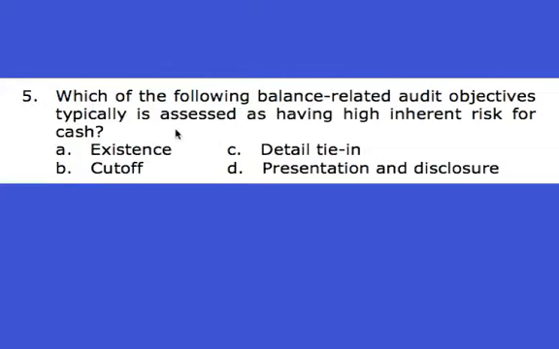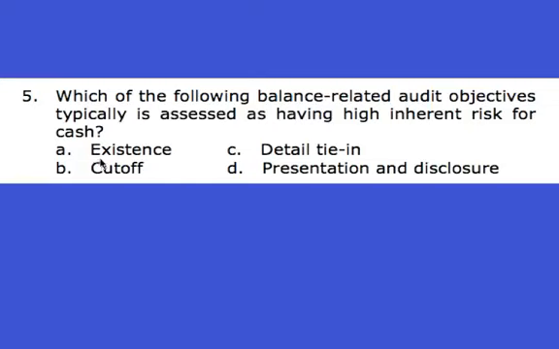Which of the following balance-related audit objectives typically is assessed as having high inherent risk for cash? Again, ang cash, bearer instrument, easily misappropriated. Kaya normally, ano ang concern natin sa cash? Whether cash is what?